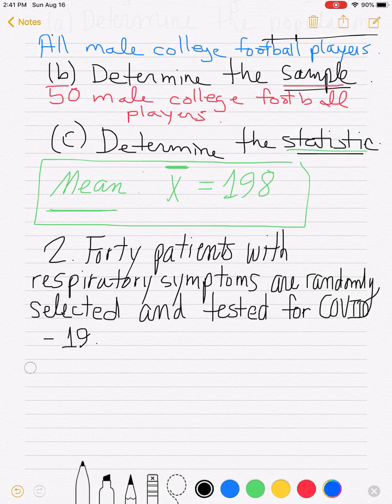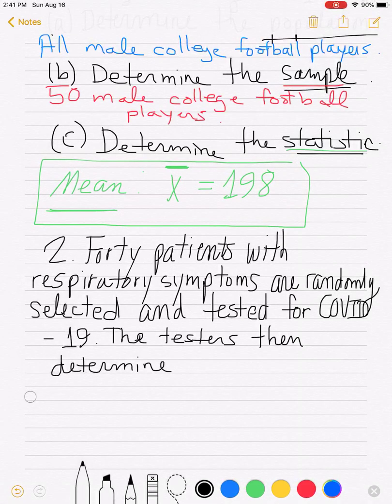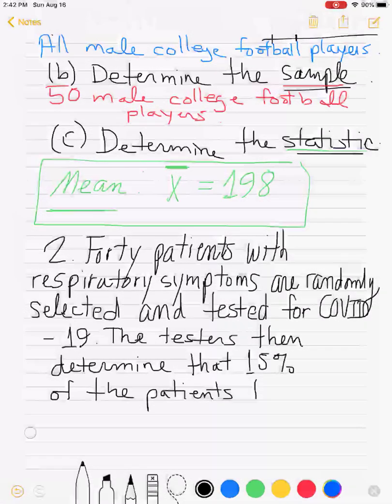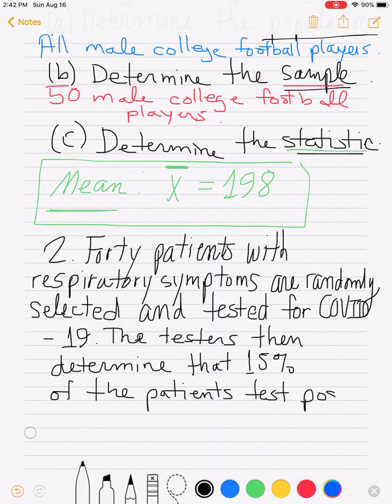The testers then determine that 15% of these patients test positive. All right, so that's our situation.